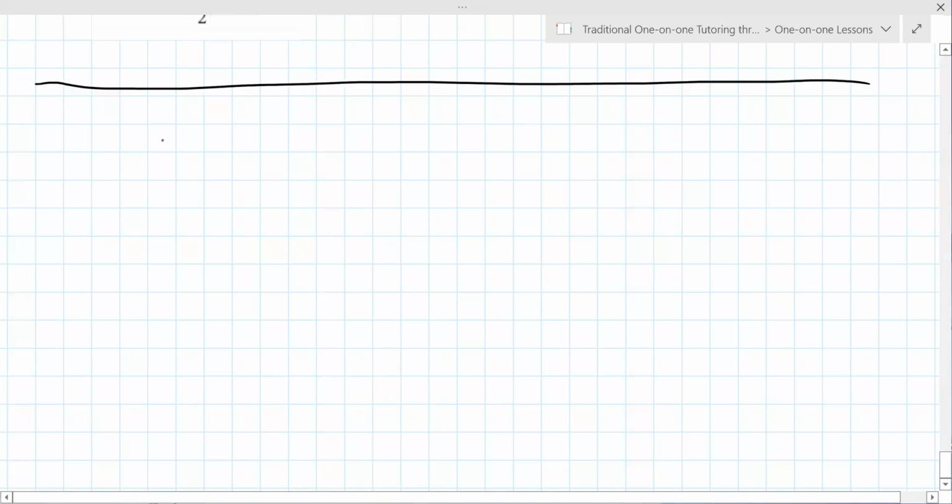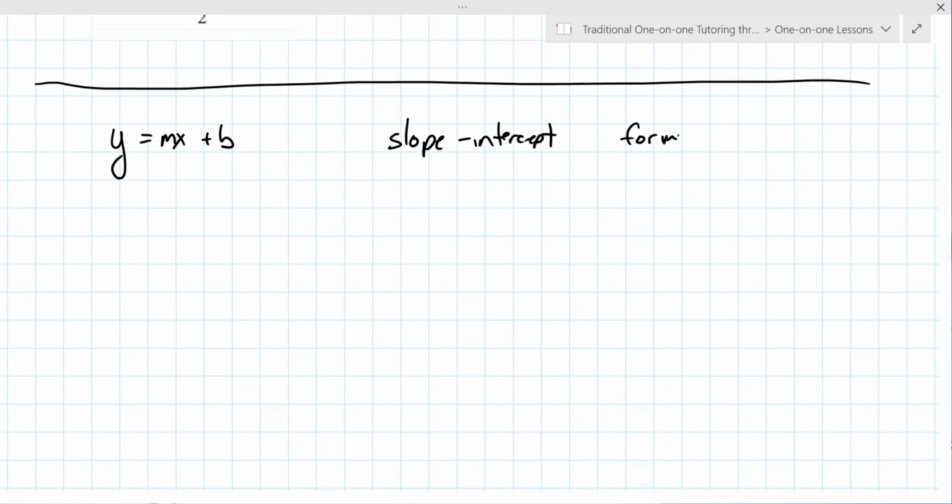All right, so really quick here, a little more information. You may want to write this down. y equals mx plus b is your slope intercept form. Now when you play basketball, if your coach says they're playing man-to-man defense, what kind of defense are they playing? Man to man, right?